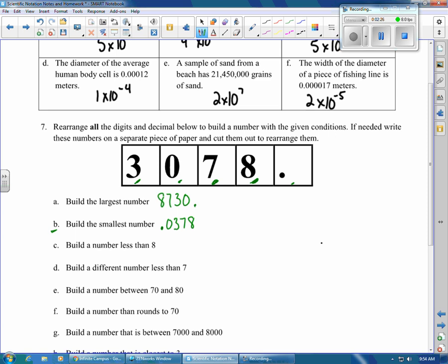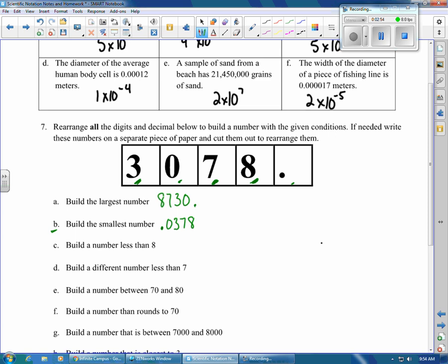For part C, build a number less than 8. There's a number of different options that we can use. First of all, the number that we came up with in part B is less than 8. So that would qualify. However, that would kind of be the cheater way to go. Let's come up with a number. What digit can we start with that's going to be less than 8? So we're going to start either with the 3 or the 7, and you can pick.